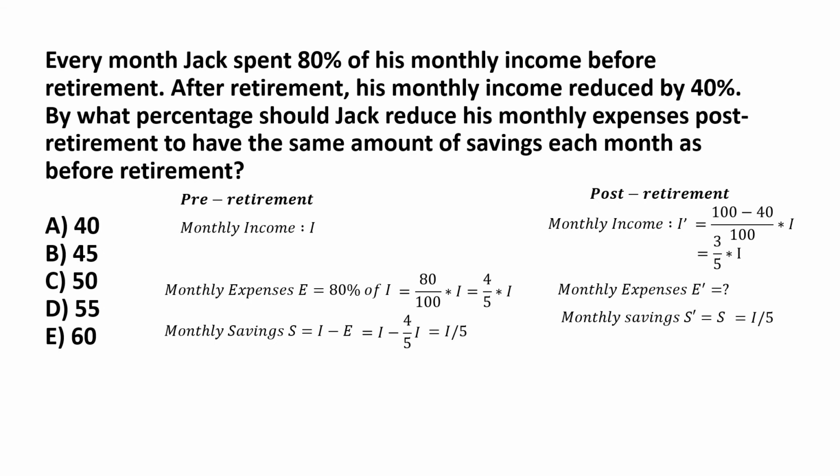So now we come to the part where we actually find what the monthly expenses E dash is post-retirement. And we know that savings post-retirement should be equal to income post-retirement minus expenses post-retirement. So I dash minus E dash equal to S dash, right?